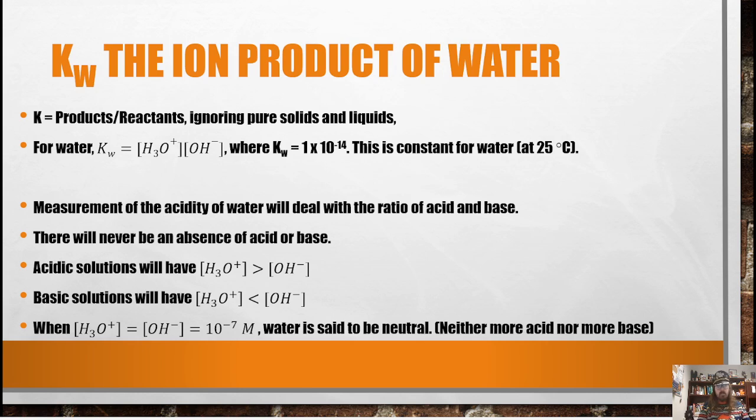In a basic solution, we have a greater quantity of base floating around. When we have a truly neutral solution, we have equal quantities of both, and we say that the concentration is 1 times 10 to the negative 7th. And this is our neutral solution.